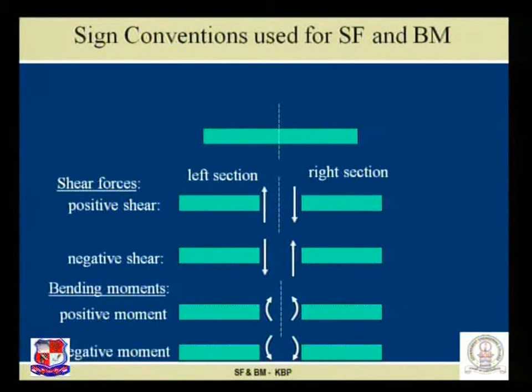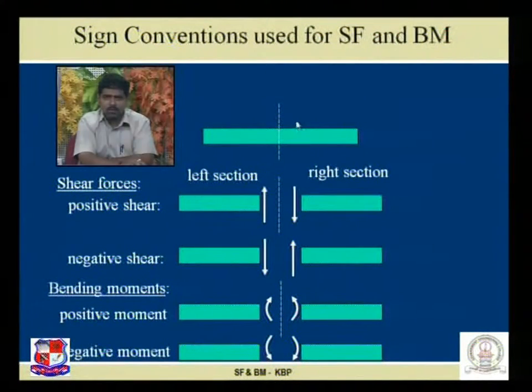What are the sign conventions that we have used up till now for shear force and bending moment? Let us revise within a minute. For a beam, if we divide it into two parts, this is the left part, this is the right part. For a left part, if the internal force acting is upward, or for a right part the internal force acting is downward, that internal force is referred to as positive shear force.